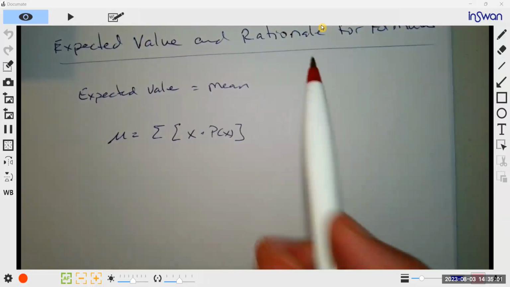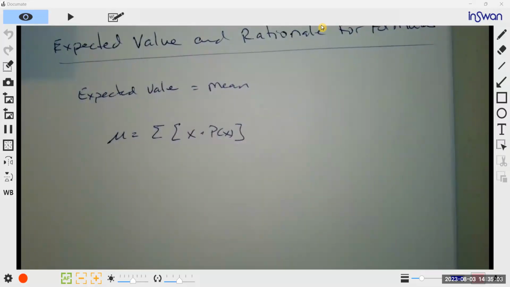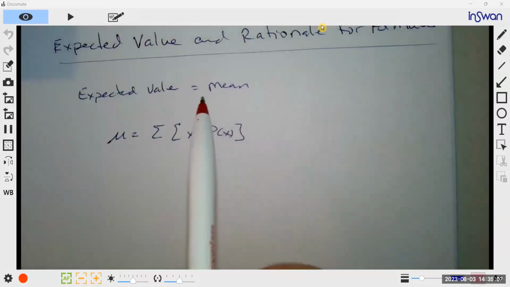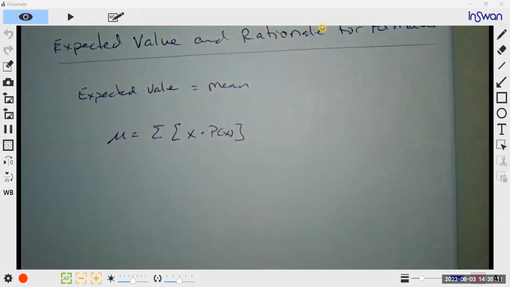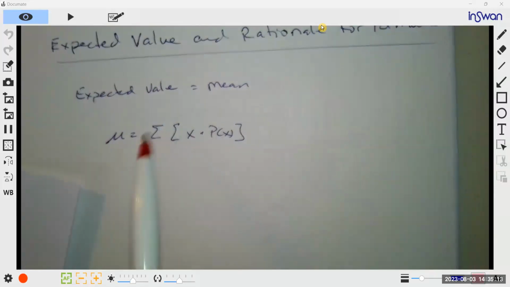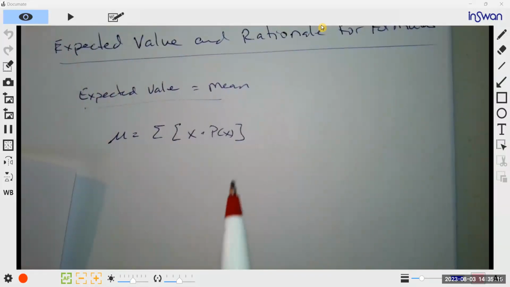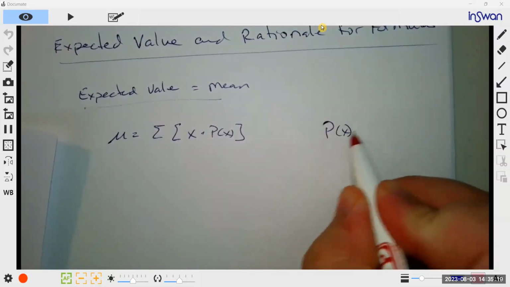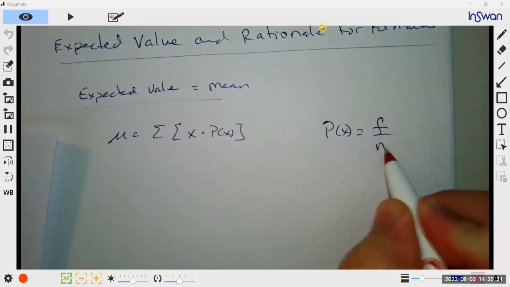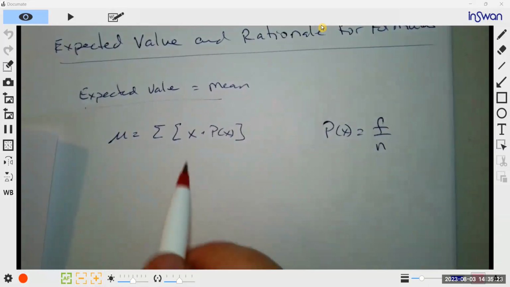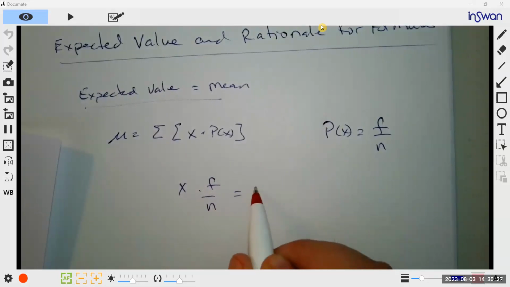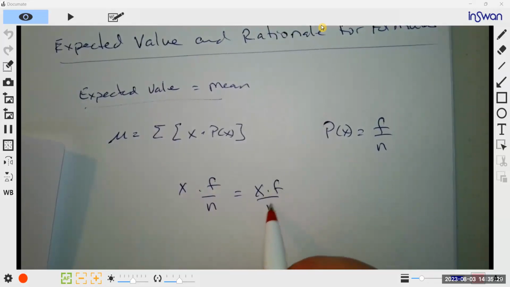So now why do we do that? By definition, the expected value is what we expect to happen, since we know the information of the population. The rationale is, if you look at probability as frequency over n, then this formula looks like X times frequency over n.